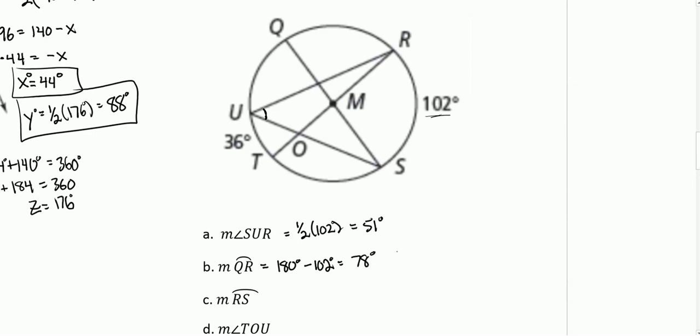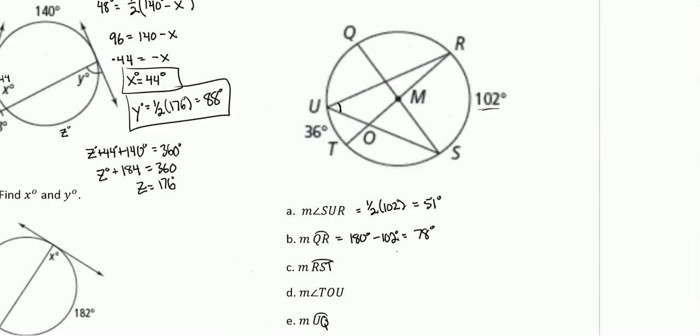Next we have the measure of arc RST. So we found that this is 78. We got that this is 51. I'm just going to write those in so far. So RST.